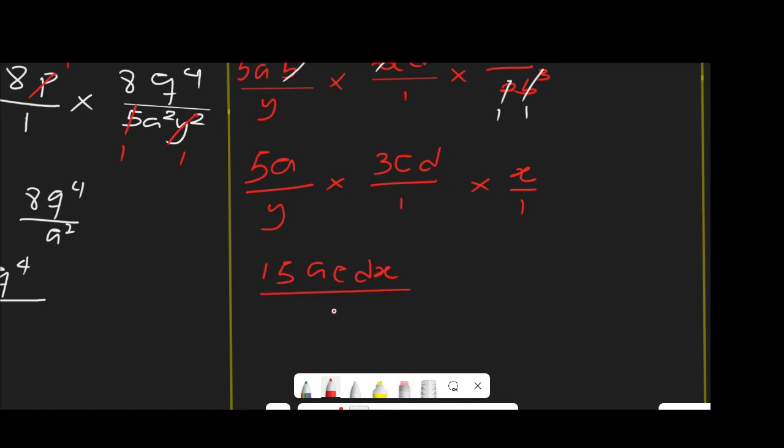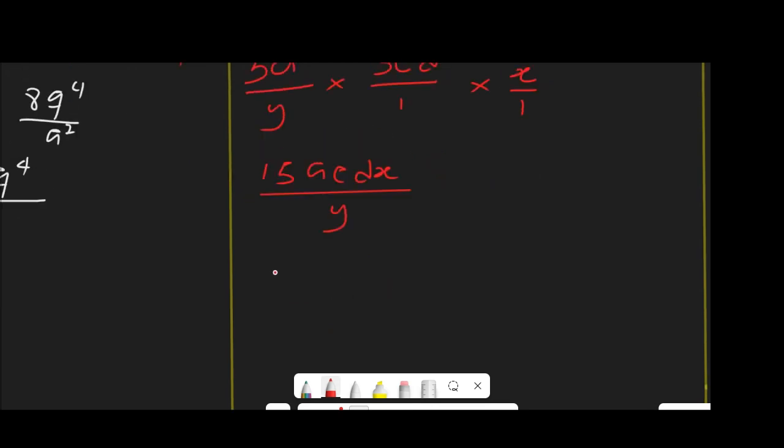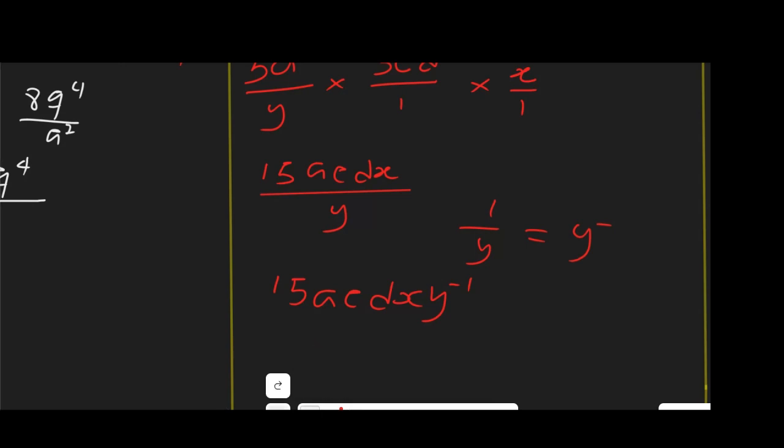So all divided by y, which is the same as 15acdx y exponent negative 1. So this is the same. Remember, 1 over y is the same as y exponent negative 1. That's according to the laws of indices. So take notice of that. So that would be the answer to this expression.